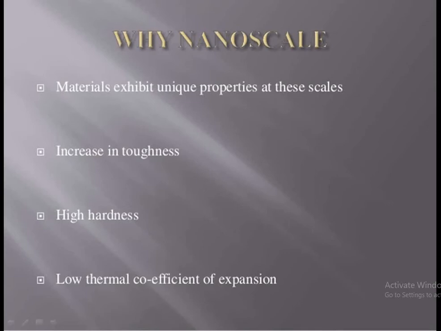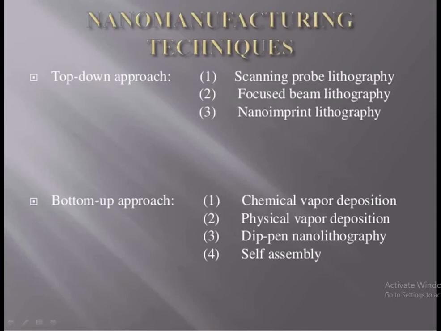Now why do we have to go for the nanoscale? In this, the materials exhibit unique properties: increase in toughness, high hardness and low thermal coefficient of expansion. These are the advantages of nanoscale.